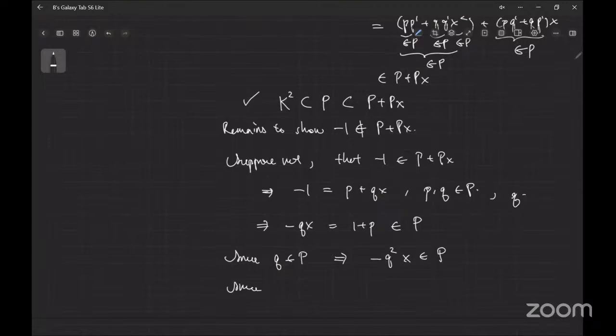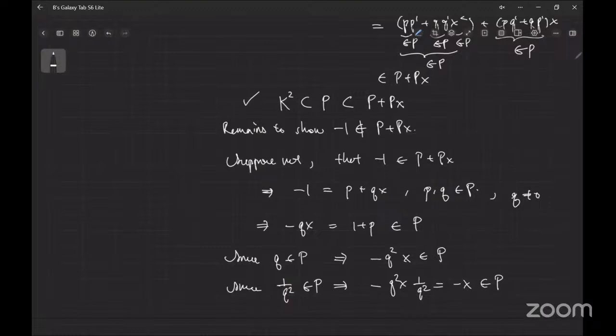Earlier, this Q cannot be 0, because if it's 0, then P is negative 1, but big P does not contain any negative 1s, so that cannot be true. So Q is not 0. So 1 over Q squared exists and it's a square. That's in P. So because P is closed under product, this means negative Q squared X times 1 over Q squared, which is negative X, is in P.